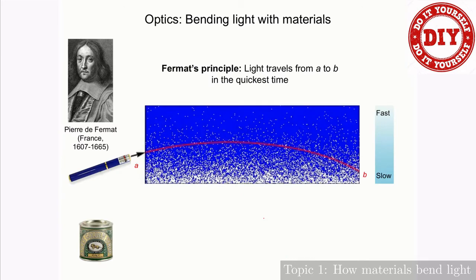Right, so this alternative way of understanding Snell's law is known as Fermat's principle. And like I said, Fermat's principle tells us that light travels from A to B, between any 2 points, in the quickest time. And the really beautiful sort of philosophical aspect of this is that you've got to imagine that light knows where it's going. We have these ideas of free will and how we go through the world and there's sort of cause and effect.